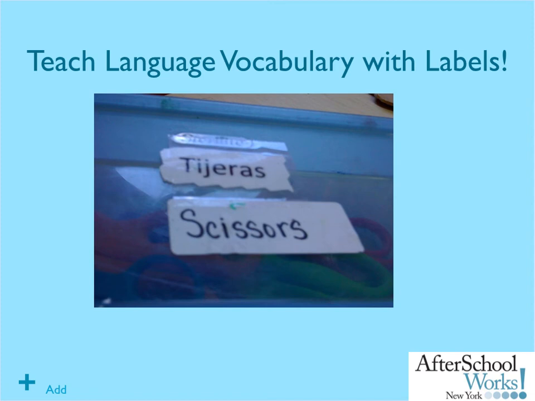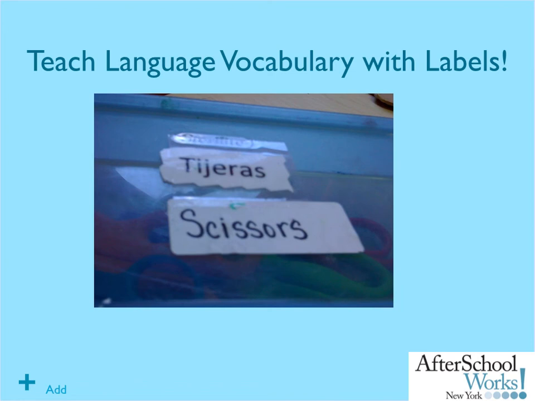Let's use as many languages as we can to help kids again get that sight recognition and to expand their cultural awareness so that they recognize that the language they speak is not the language that everyone speaks. And they're getting some help in learning how to spell a tough word like scissors in the meantime.